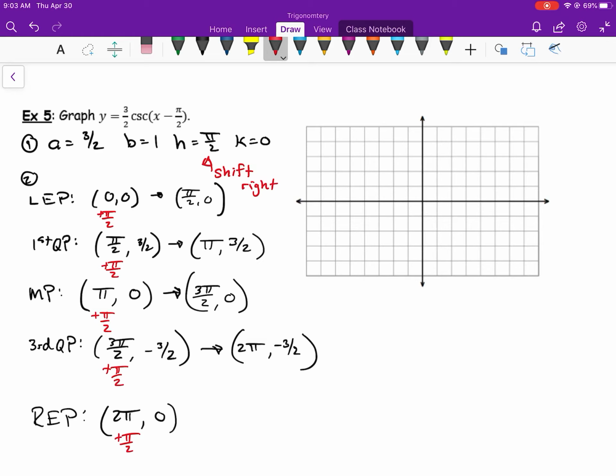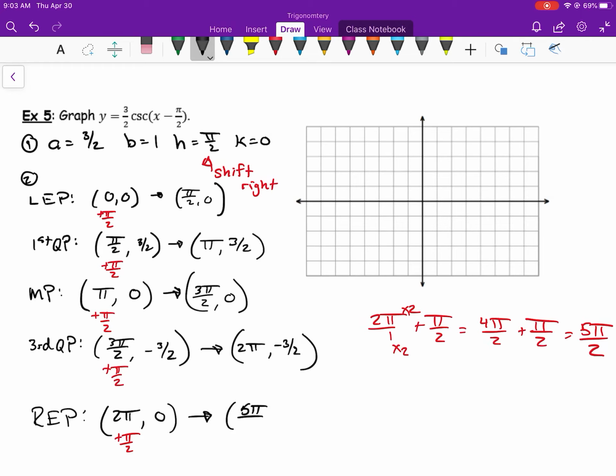So that's 4 halves. Alright, so scratch work, so you don't have to do it in your head. So 2 pi over 1 plus pi over 2, common denominators, multiply top and bottom by 2. So 4 pi over 2 plus pi over 2 is 5 pi over 2. Okay, so I get 5 pi over 2 and 0.